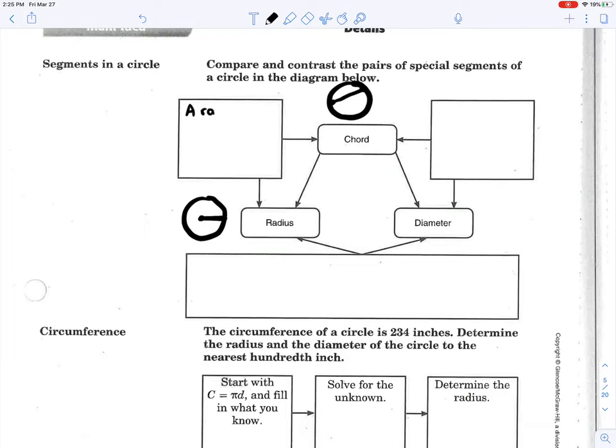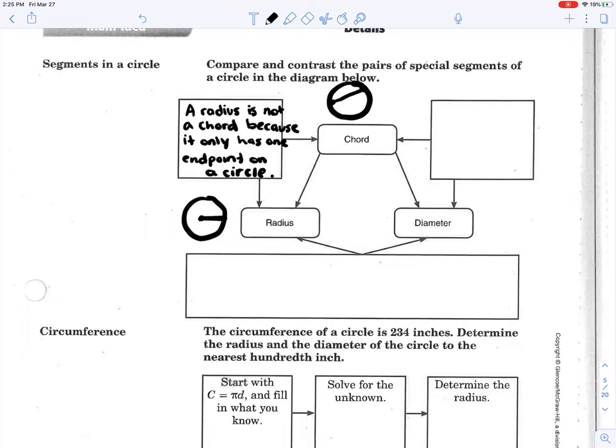So I could say something like a radius is not a chord because it only has one endpoint on a circle.